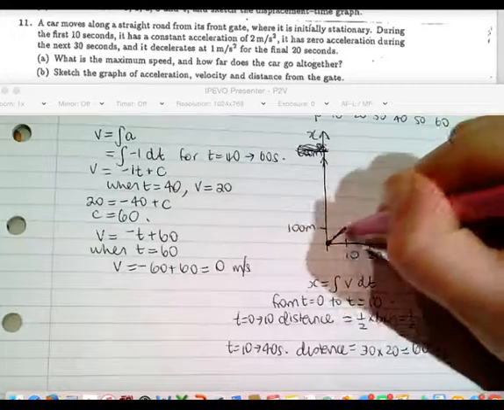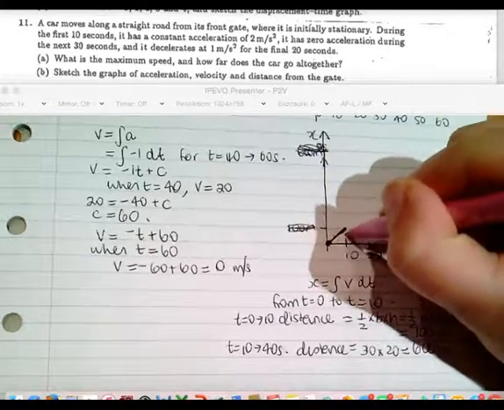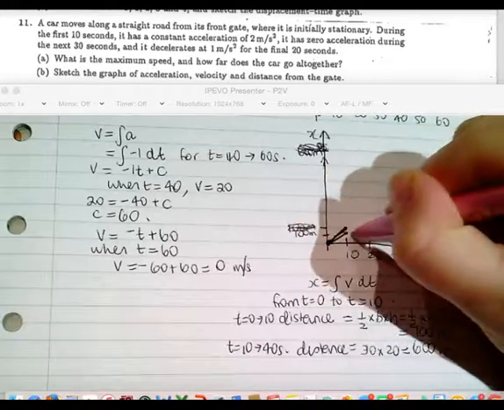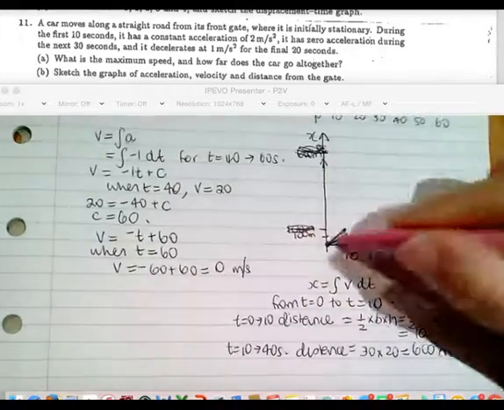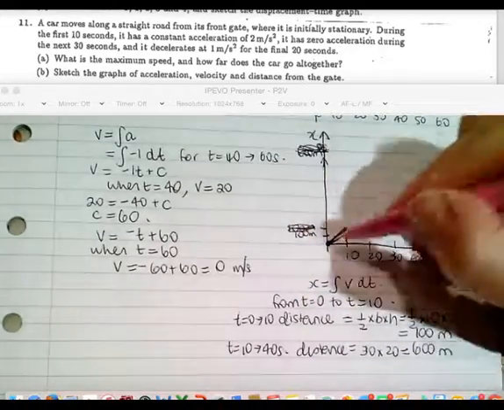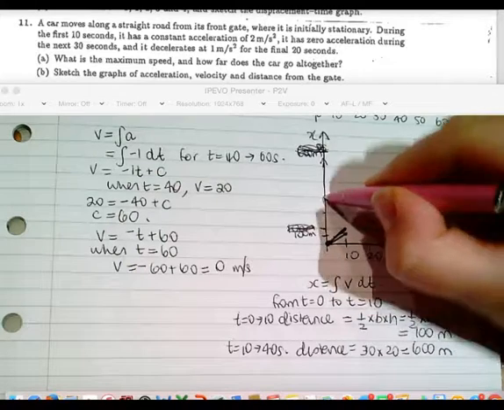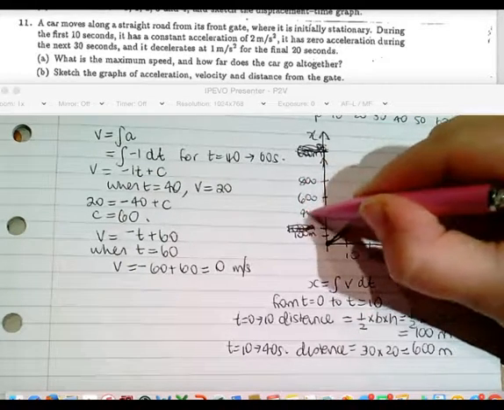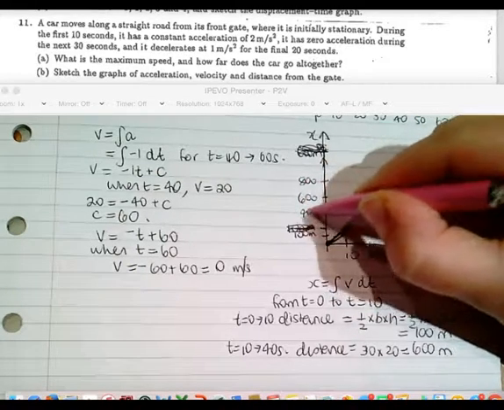I'm going to make this 100 down here, like about halfway there. And then we go an additional 600, which takes me up to 700. So this is 200, 400, 600, 800. So I'm up to the 700 mark after the 40 seconds.